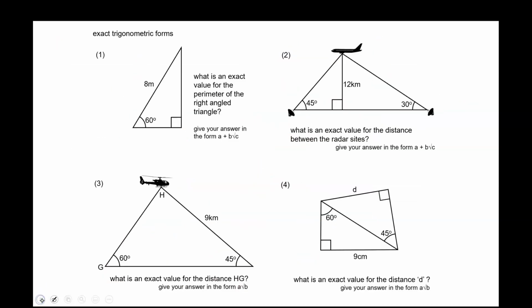So there I have given you a couple of slides with questions on. Obviously you're meant to be doing it without a calculator. I've got no way of really checking that, other than if you give me your answer in a load of decimals, I know you've probably used your calculator. So have a go at them, see how you get on. Once you've done them, you can check your answer with your calculator and make sure you're right.